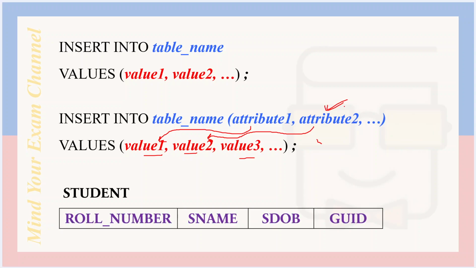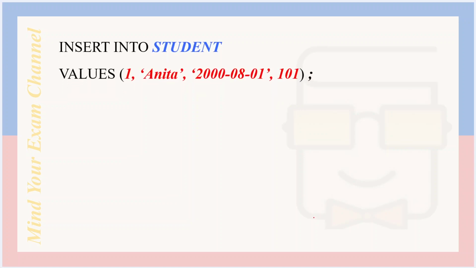To avoid any confusion, let us see an example. We had the student relation which had 4 different attributes: the roll number, student name, student date of birth, and the guardian ID of the student. Now if I want to insert all 4 values corresponding to each of the 4 attributes, how will I do that?